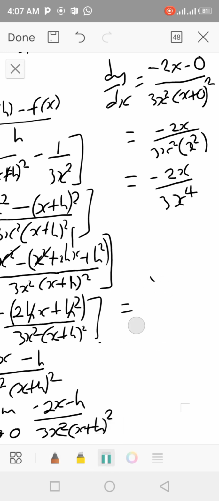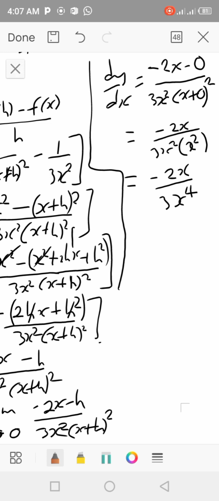So the next thing to do here, if need be, is to express our dy dx in index form, and that's going to be minus 2 over 3.